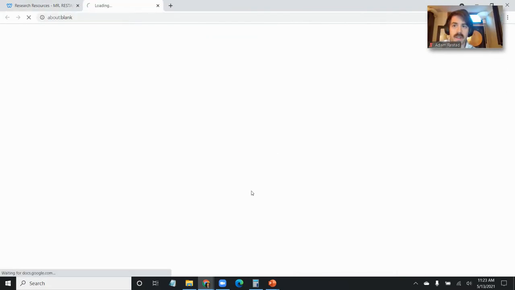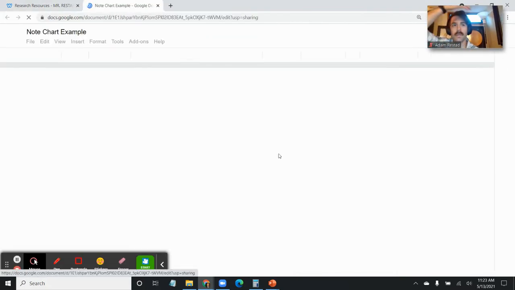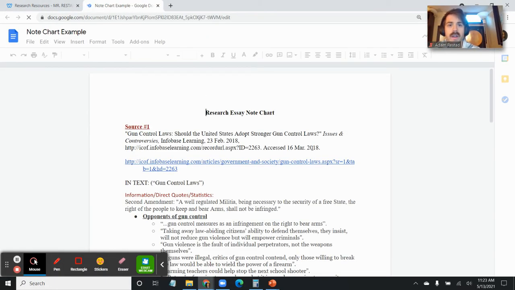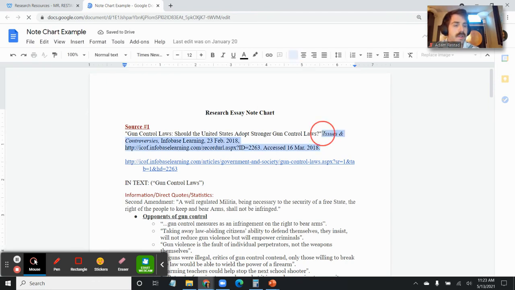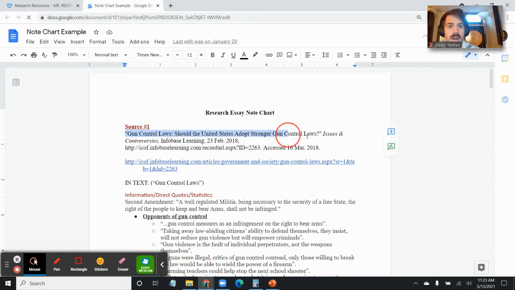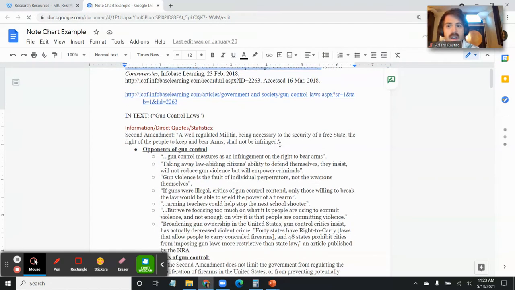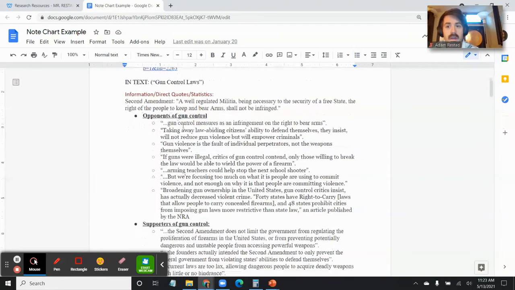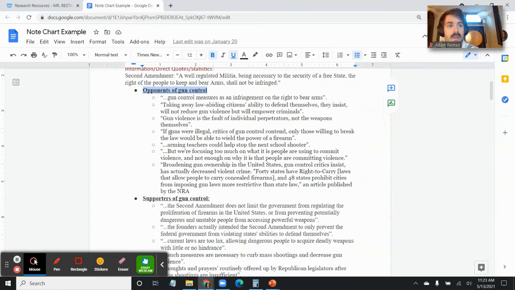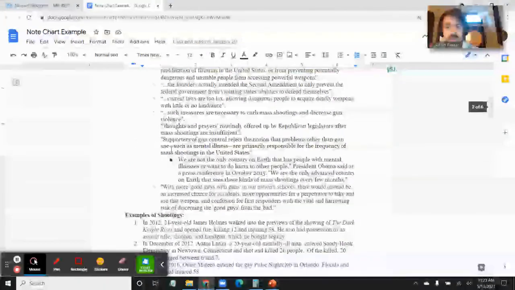There's a great example of this on my research resources page. If you take a look at this completed note chart, this student in particular used one of those Issues and Controversies sources, which is a really big source, right? There's like 3 or 4 articles within this one topic. And so you can see how she organized her notes not only by source, but by, okay, here's what opponents of gun control say, and here's what supporters of gun control say.